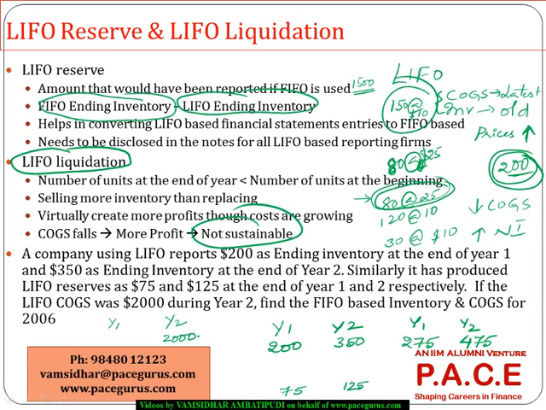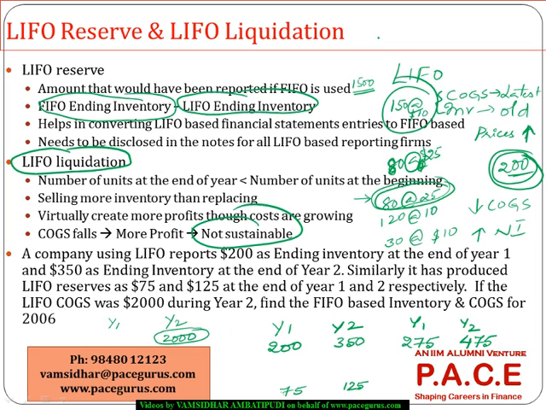So logically speaking, if it has reported 2000 as the cost of goods sold for this year, what is the way you can find out the cost of goods sold as per FIFO? The simple way to look at is cost of goods sold as per LIFO minus the change in the reserves is what will give me the cost of goods sold as per FIFO.